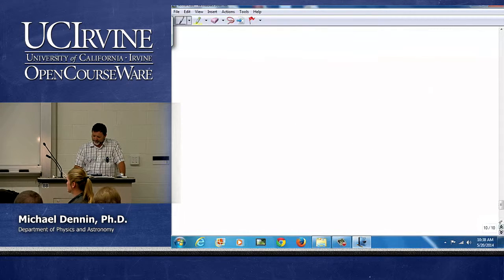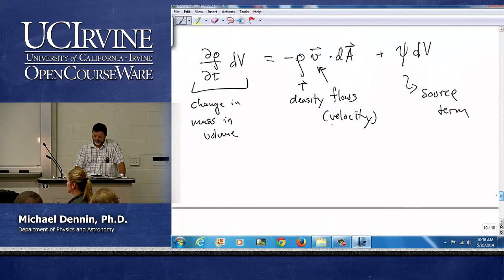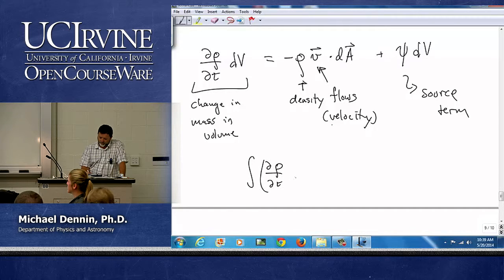So looking at this, what I obviously want to do is combine things together. So I'm going to bring the source term for now over here with the d rho dt. And I'm going to do what we've always done, which is add up all of our little pieces.